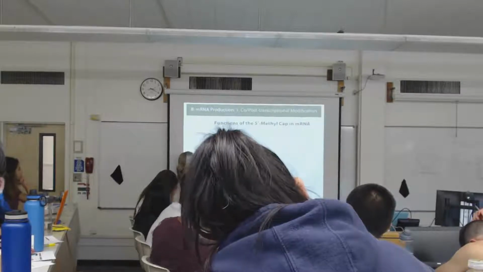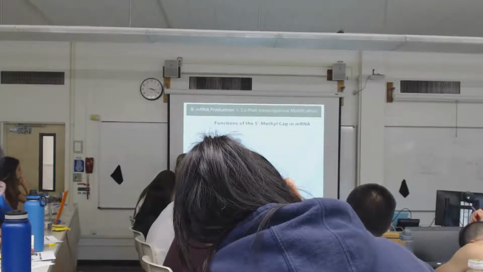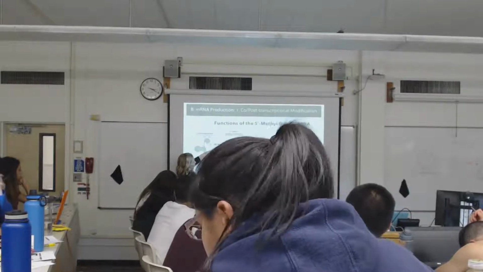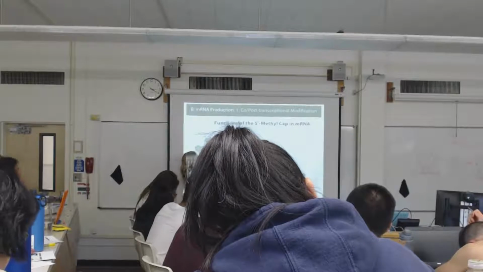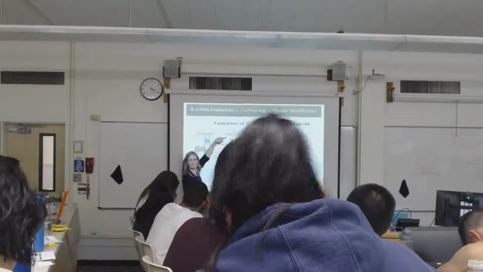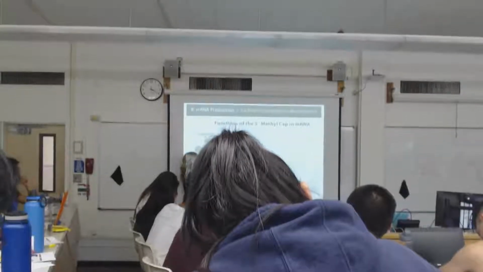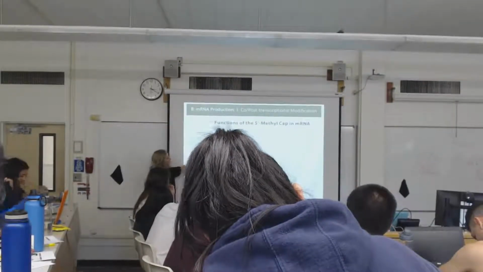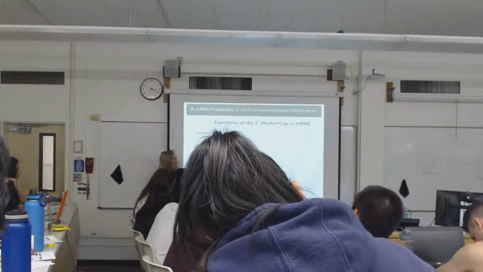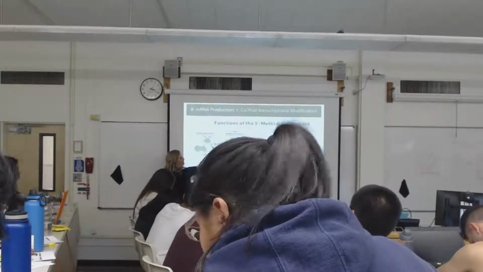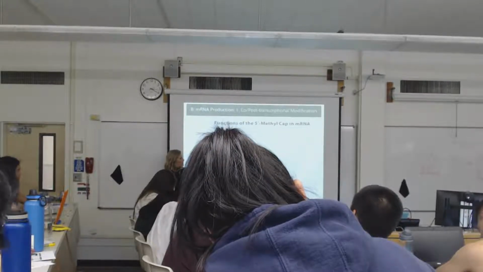So here would be the 5' carbon, and it's connected to the 3' carbon. So 5' to 3', 5' to 3', over and over. So the way that the 7-methylguanosine is added is by a 5' to 5' linkage. So that's abnormal. 5' to 5'.